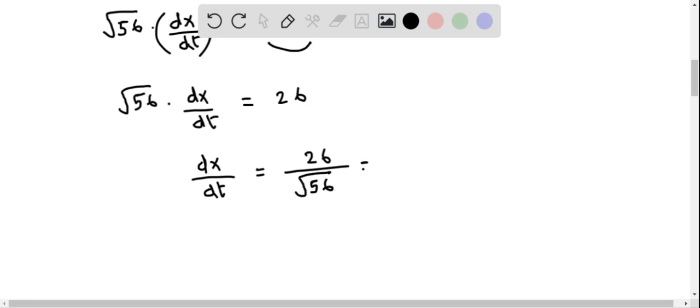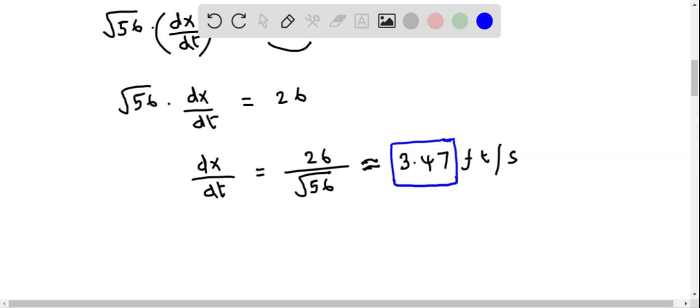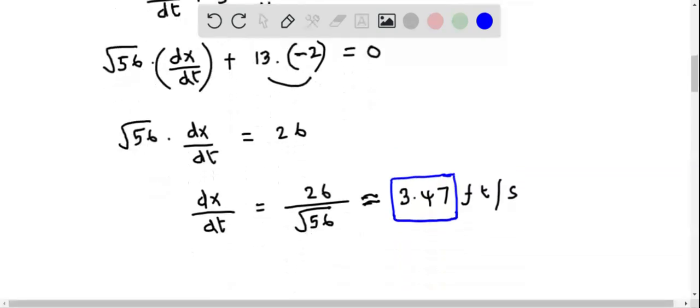We plug this expression into the calculator, and we get approximately 3.47, and its unit is feet per second. So we now see that the foot of the ladder is moving away from the base of the wall at a rate of 3.47 feet per second.